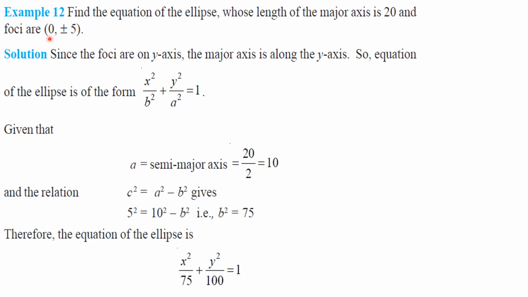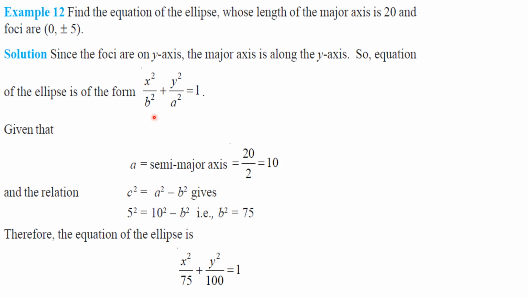The foci lie on the y-axis means the major axis of the ellipse is along the y-axis. Then what is the equation of the ellipse whose major axis is along the y-axis? Yes, x squared by b square plus y squared by a square is equal to 1.